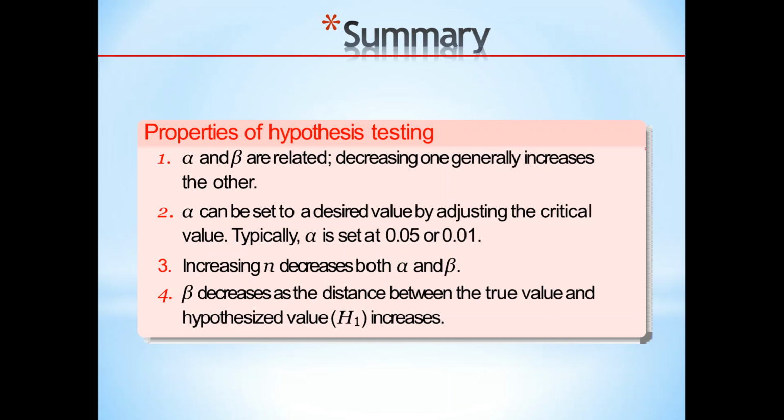Typically, alpha is set at 0.05 or 0.01. The third point is increasing n decreases both alpha and beta. And the fourth point is beta decreases as the distance between the true value and the hypothesized value increases.